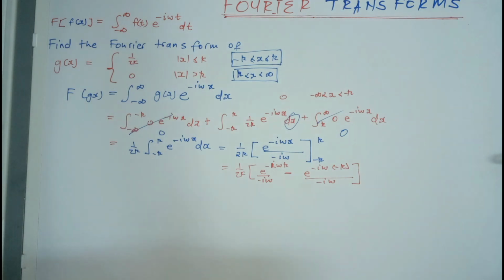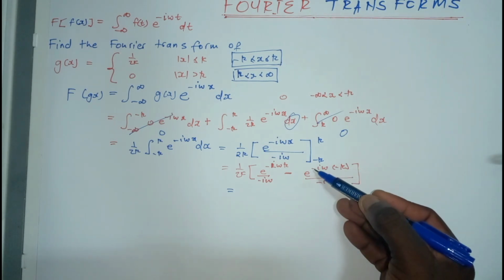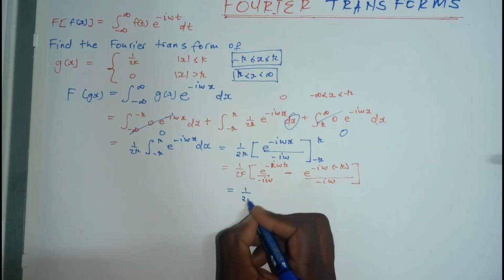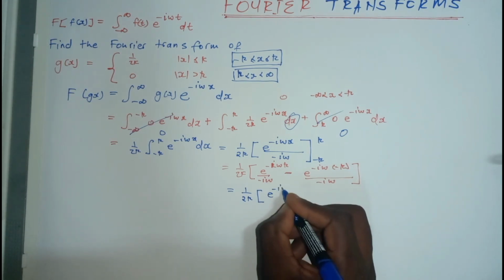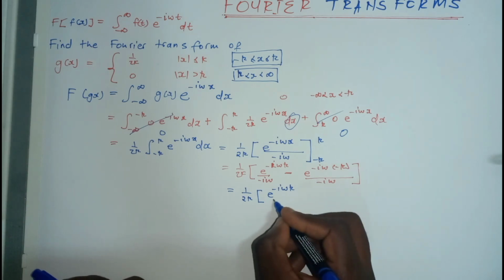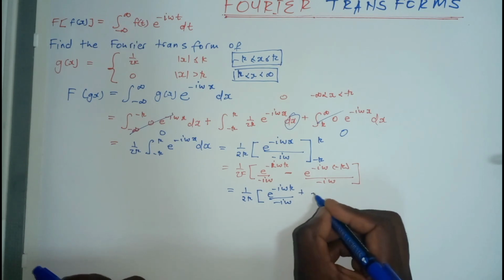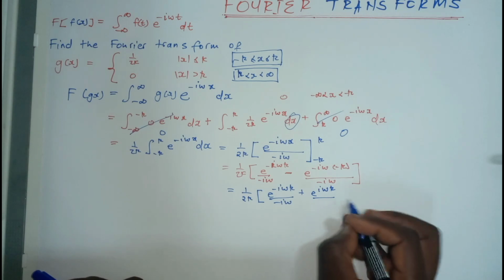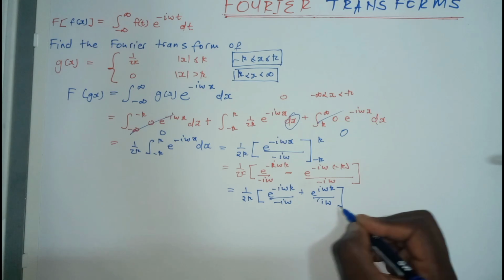Okay, now let's continue. Negative and negative is going to give you positive, so I'm going to say 1 over 2k, and I'm going to have e to the power negative i omega k divided by negative i omega, and this one is going to be plus e to the power i omega k divided by i omega. Let's close our brackets.